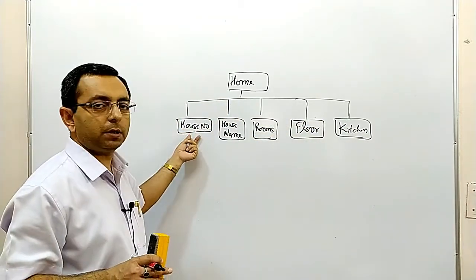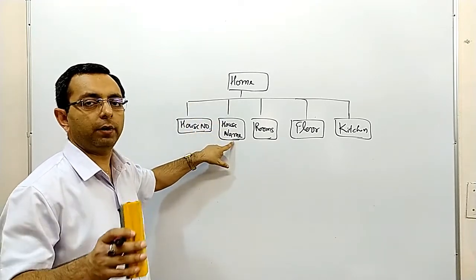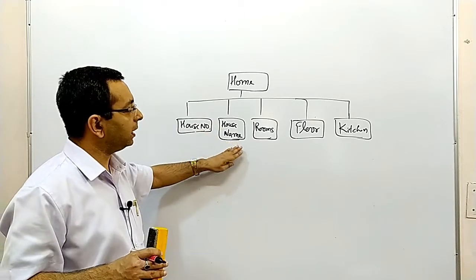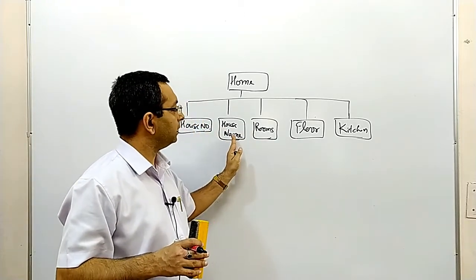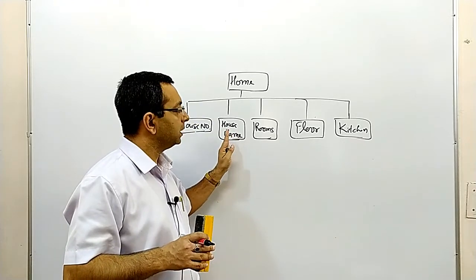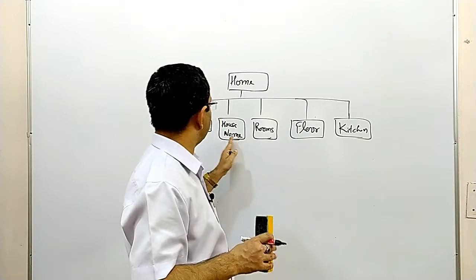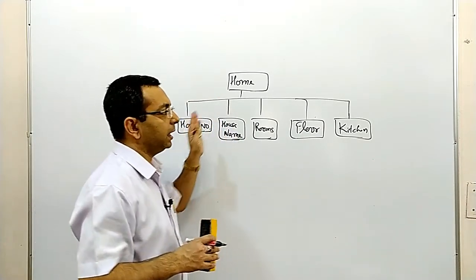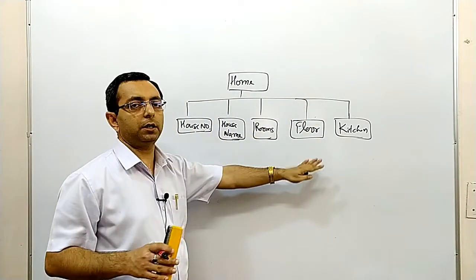For example, house number 123 has the name Kishore Villa, and that Kishore Villa has 5 rooms. That Kishore Villa house has 3 floors. That Kishore Villa, house number 123, has 2 kitchens. So this is the structure of data.